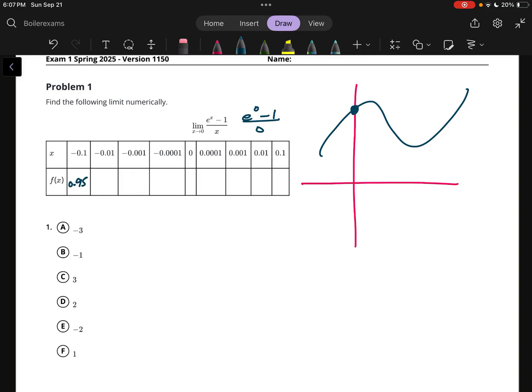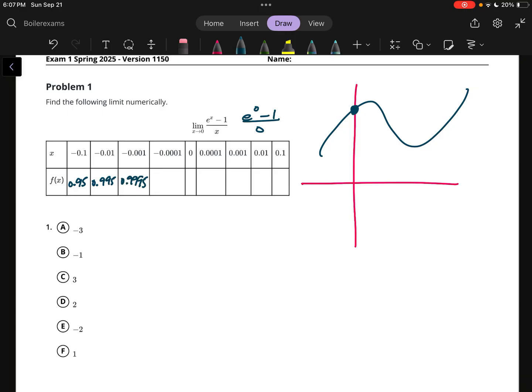So that is 0.95. And then we plug in negative 0.01, which is closer. You would need your calculator to do this. This is 0.995. The next one is negative 0.001. This is 0.9995.